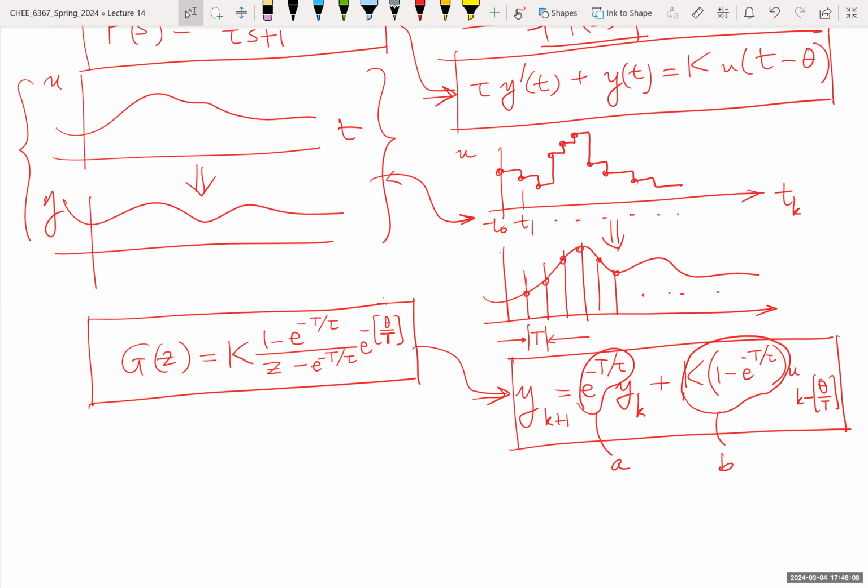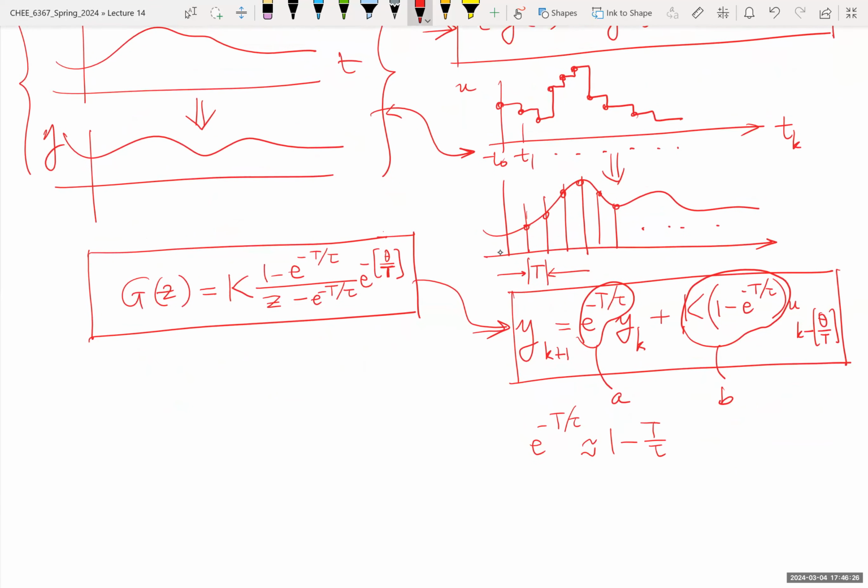And those, again, we have mentioned this a number of times. You can approximate the exponential. This e to the minus T over tau is approximately equal to 1 minus the first order term. And this B here then has K times 1 minus, so it's approximate. Let me write the whole thing. So this is A, which is equal to this, B, which is K times 1 minus 1 plus T over tau.